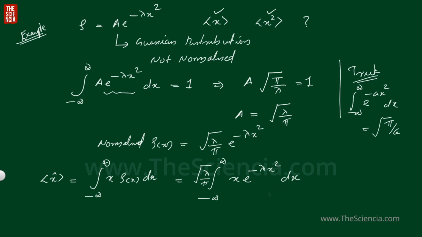Here you can see this function x is an odd function and this function is an even function, and we are integrating from minus infinity to plus infinity. So the product is an odd function. When we integrate it from minus infinity to plus infinity, we get the value 0. So the expectation value of x is equal to 0 for this distribution function.